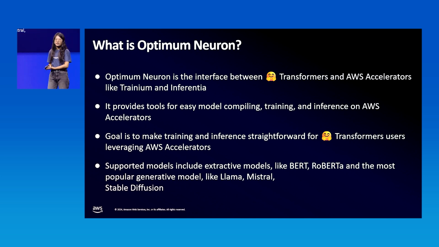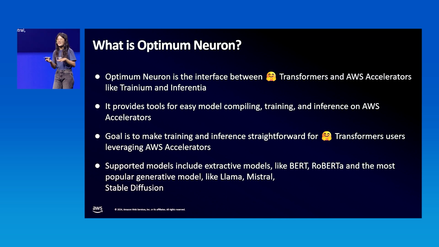So in our hardware partnership, we collaborate with multiple hardware providers with the Optimum library. And Optimum Neuron, as the name suggests, is a subpackage of Optimum that is dedicated to AWS Neuron devices. It's basically the interface between the Hugging Face ecosystem and the AWS Neuron accelerator. The idea of having Optimum Neuron is that we want to integrate the Neuron SDK seamlessly with existing Hugging Face tools like Transformers, like Diffusers, like Accelerate, and so on.